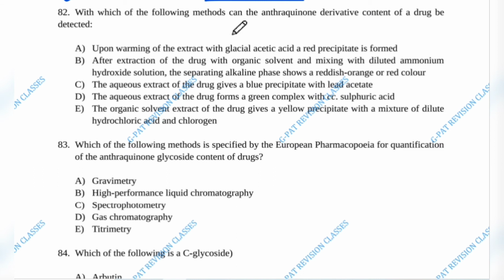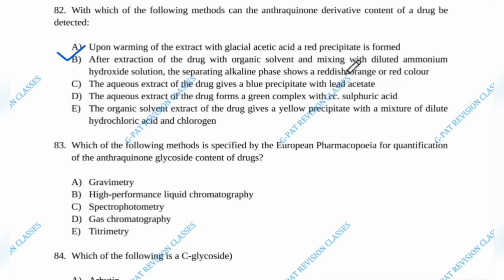With which of the following methods can the anthraquinone derivative content of the drug be detected? The answer is B. After extraction and mixing with diluted ammonium hydroxide solution, the separated alkaline phase shows a reddish orange or red color. Okay.